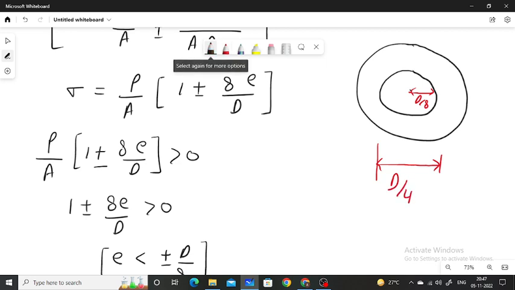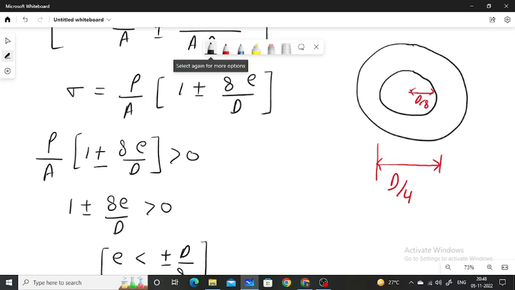If the eccentric load is applied within this region in a column of circular cross section, then in that case the stress induced at any point of the column will be compressive stress.